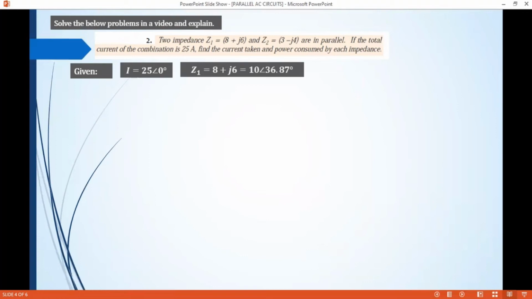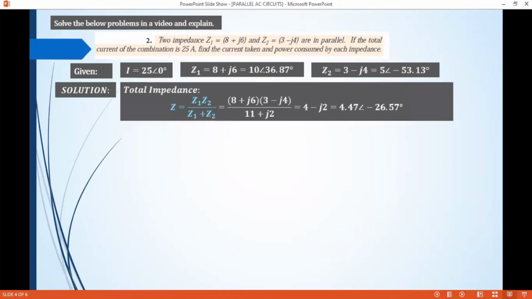So we have 10 angle 36.87 degrees. And for Z2, or the impedance 2, we have 3 minus j4 in complex form, and let's convert it into polar form. We have 5 angle negative 53.13 degrees. So we already have the given, so solution. First is the total impedance.